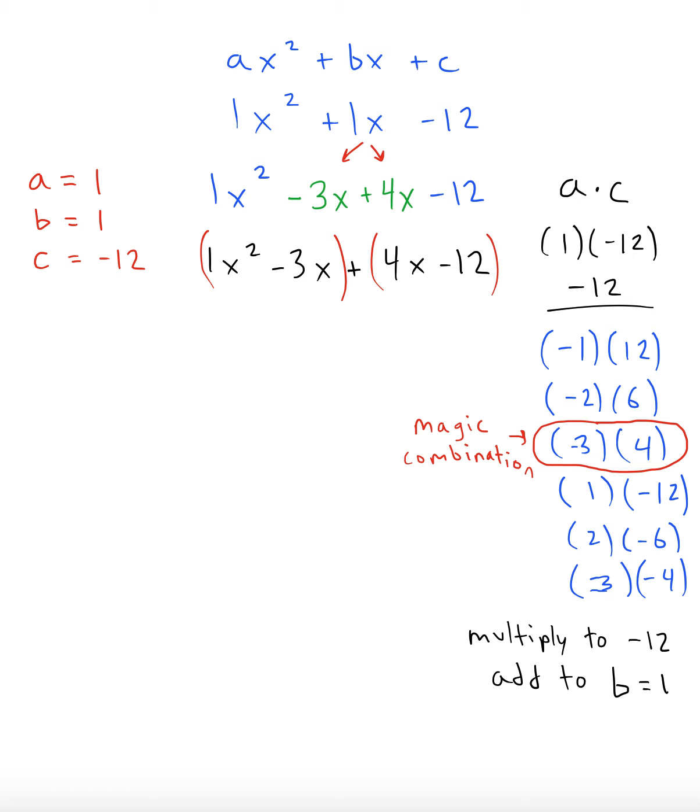So I see here on the left that they share an x. So I'm going to pull that x out front, leaving behind x minus 3. And then here I see that they share a 4 in common. And if I do divide out that 4, we're going to have x minus 3 there.